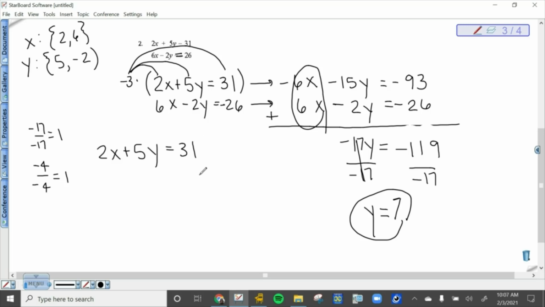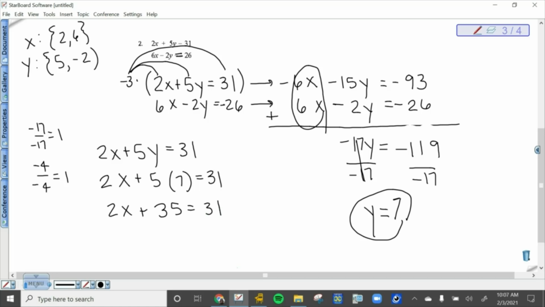Plug 7 in for y. We get 2x plus 5 times 7 equals 31. What's 5 times 7? 35. There you go.